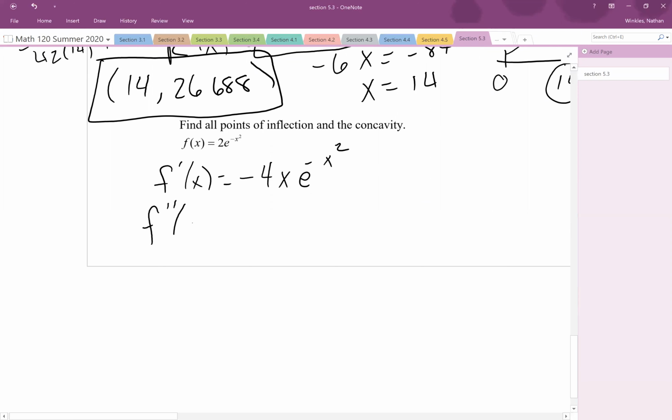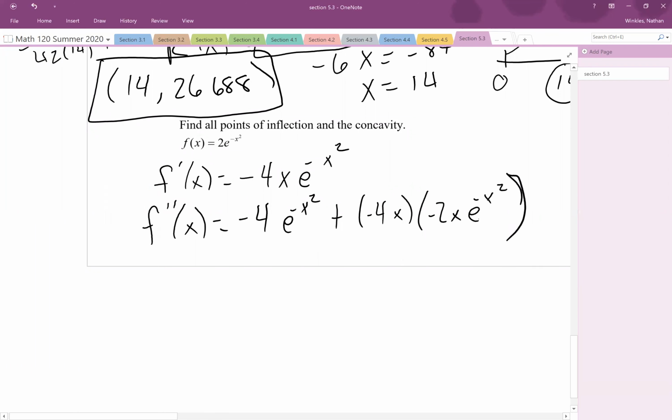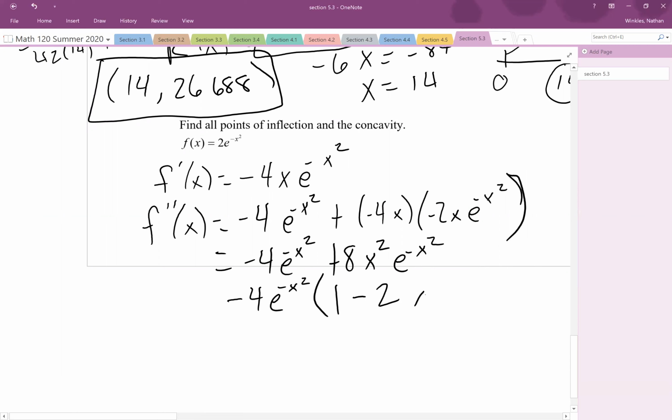So our second derivative has a product rule: minus 4e to the minus x squared plus negative 4x times minus 2x e to the minus x squared, which is minus 4e to the minus x squared plus 8x squared e to the minus x squared. You can pull out a minus 4e to the minus x squared. So you get 1 minus 2x squared.